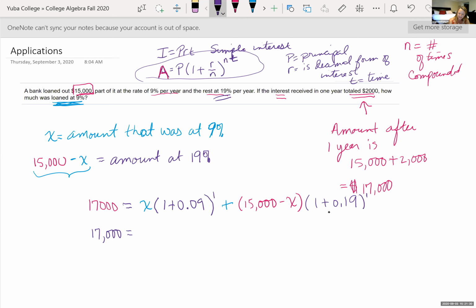So we have an equation here with one variable. 17,000 equals X times 1.09, plus, we're going to distribute in a second, 15,000 minus X in parentheses all times 1.19. There it is.